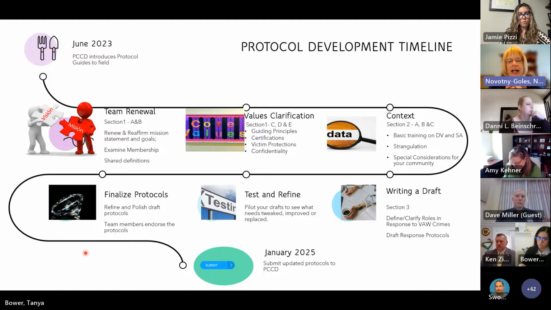So pilot your drafts to see what needs tweaked, improved, or replaced. And then you're going to finalize your protocols, have the team members endorse them, and then January 2025, submit them to PCCD.